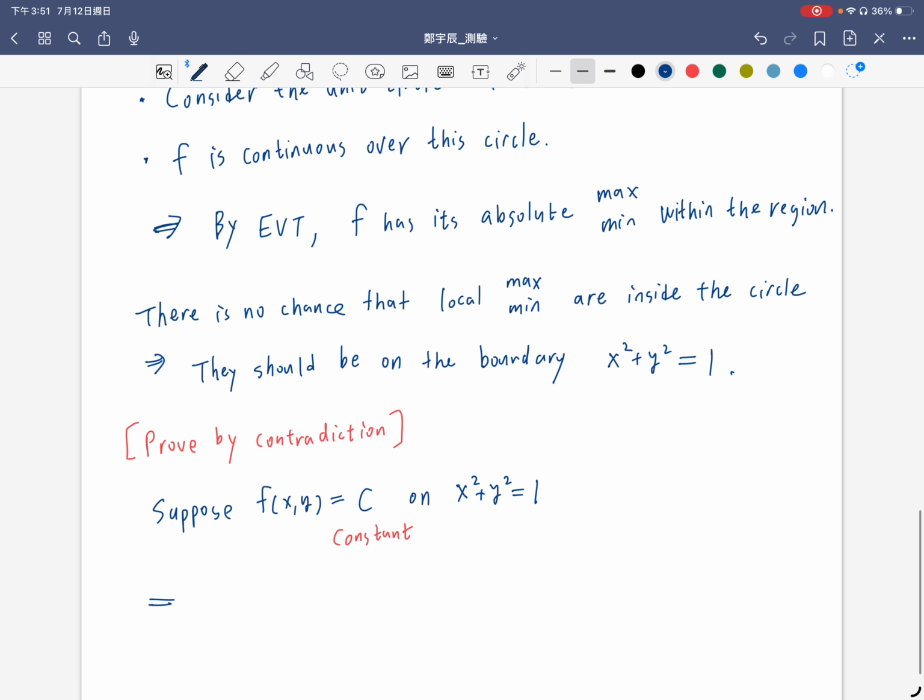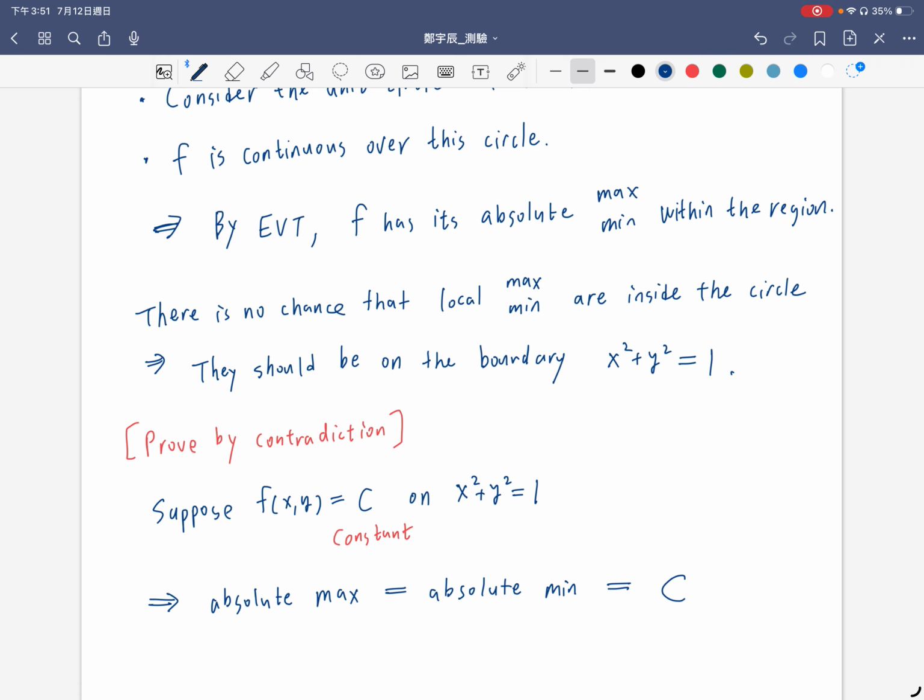That means the local max, the absolute max equals the absolute minimum equals the constant c, right?